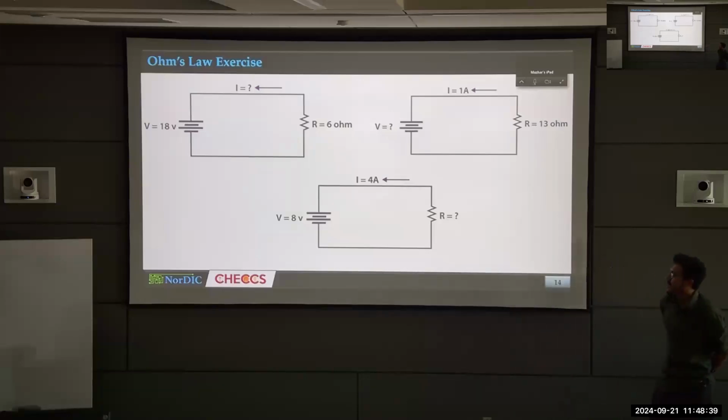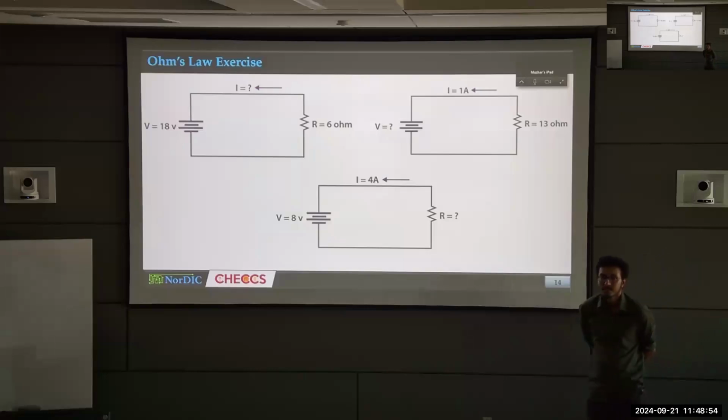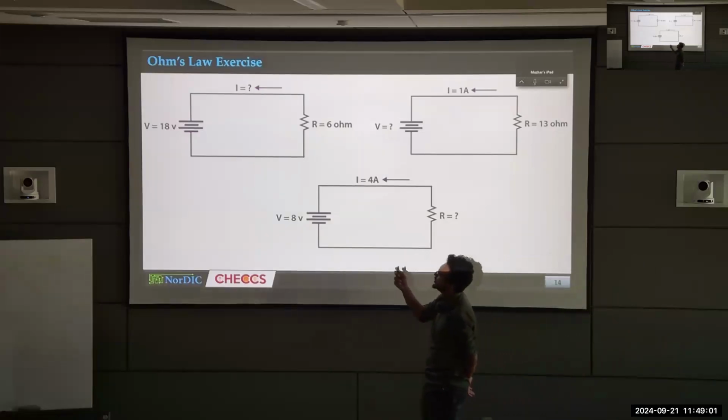So now I think you just got the pretty basic idea of the relationship between these three significant parameters. Let me ask you something. There is a mistake in all of these three circuits. Tell me about it. The current's flowing. Exactly.